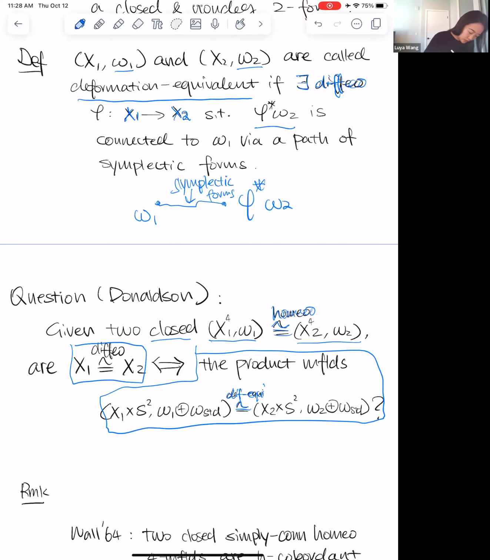This operation, I will call a stabilization in this talk.